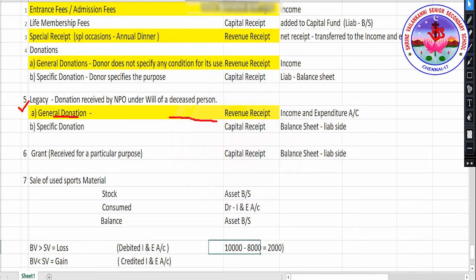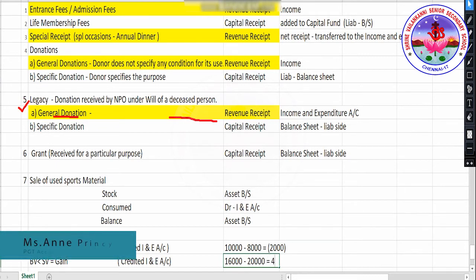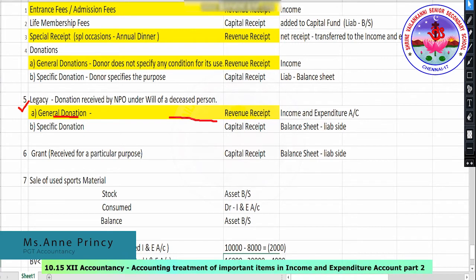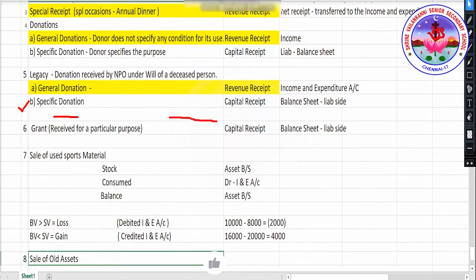Similarly, if the book value is 16,000 but the sale value is 20,000, there is a gain of 4,000. Debit if it is a loss, credit if it is a gain. Obviously, you know those things.